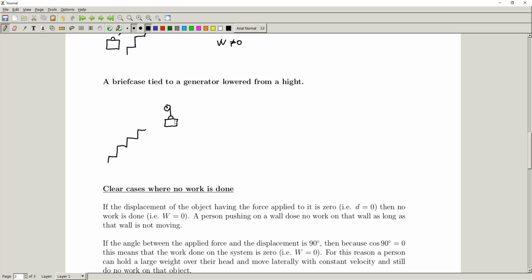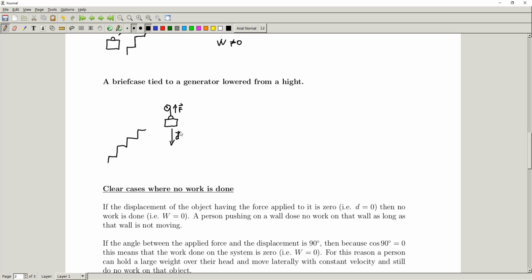The generator is slowing gravity, pulling the briefcase down, and generating, say, some electricity from this, right? So there's some force being applied by the generator to keep the briefcase from just plummeting to the ground, but it is displacing in this direction, more slowly than it would if it wasn't attached to the generator.